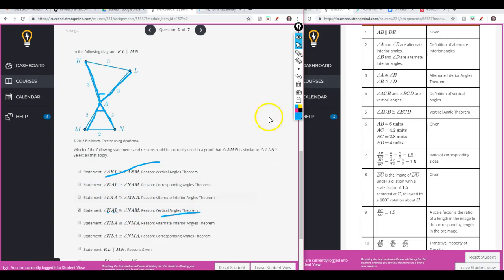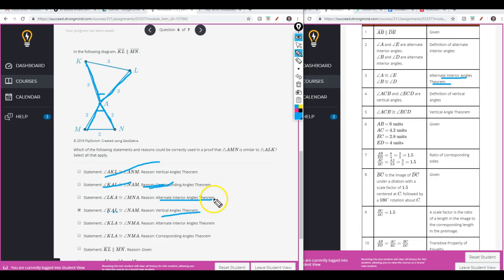So I know that's not correct because we have the correct statement and reason on that one, so that one's off. So let's scan again. This one's alternate interior angles theorem, so it does show up, so that could be an option. The other thing that was leading me to cut the corresponding angles one off was that the corresponding angles theorem isn't in here. So that was another way to eliminate it as an option.